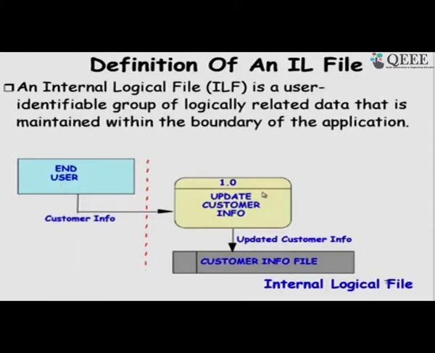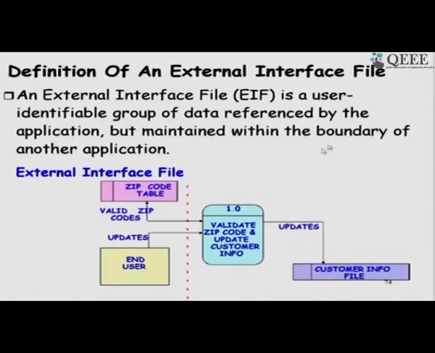And the logical file is the data structure maintained internally; input data modifies the internal logical file, and output data is obtained from the internal logical file. An external file is something which the user has created, or which another system reads and processes and updates the internal file. So, that is considered an external interface file.